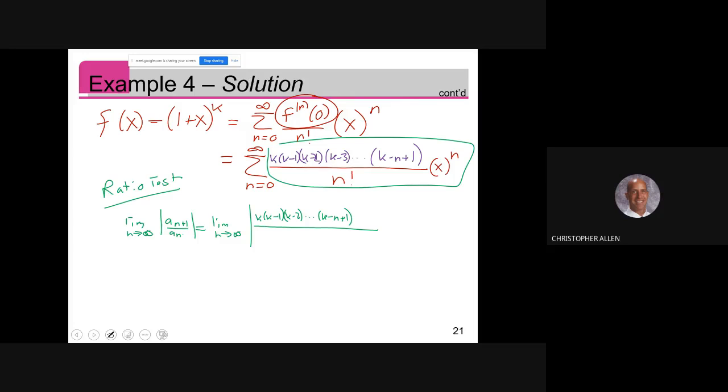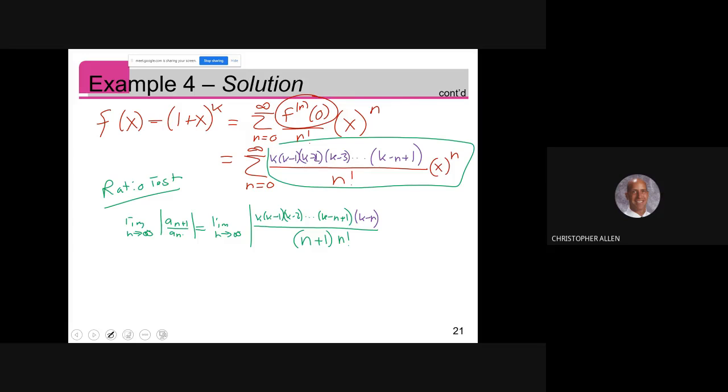Now, I'm going to write this in a different color to make it stand out. This last term here is going to just be k minus n. The bottom is just going to be n plus 1 factorial. Actually, just to save myself from rewriting, I'm going to write that as n plus 1 times n factorial, since we're going to try to get stuff to cancel, right?